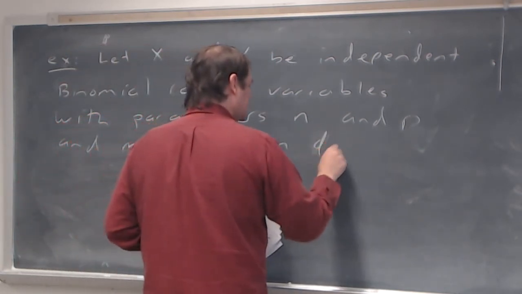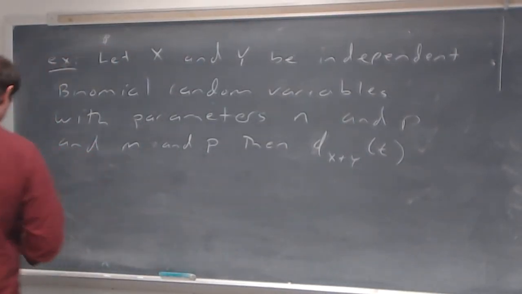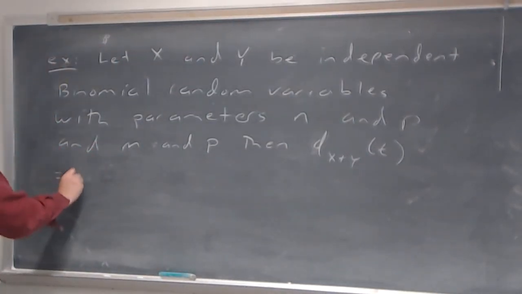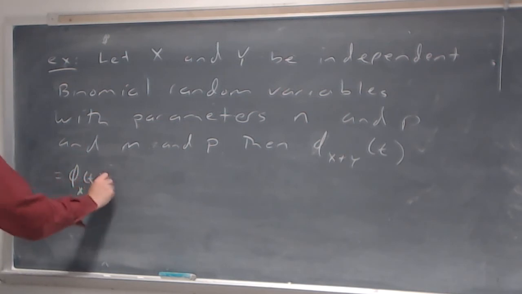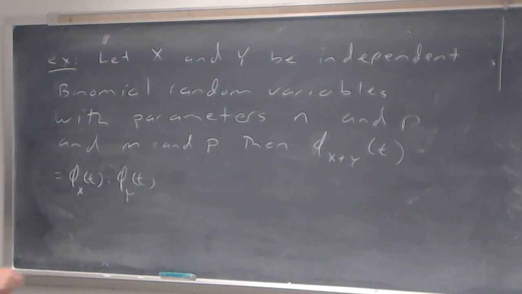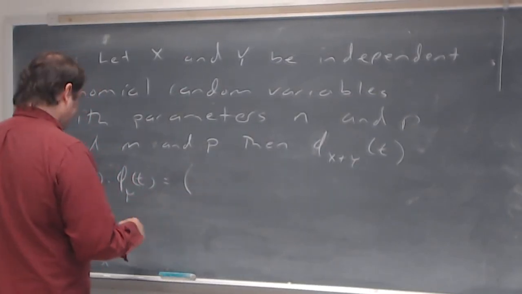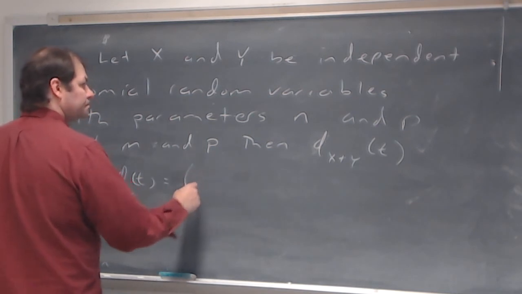Then let's look at phi sub X plus Y of t. Well, that's supposed to be equal to phi sub X of t times phi sub Y of t because of the independence. And here, this was the moment generating function for a binomial.